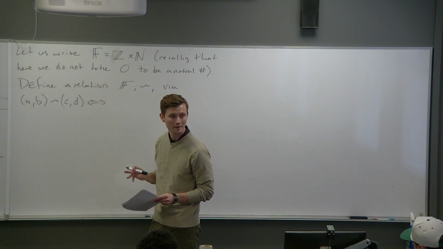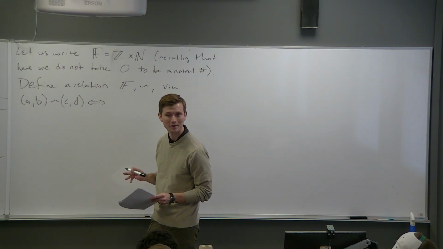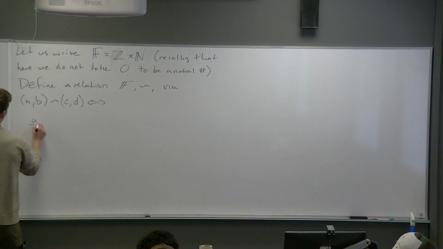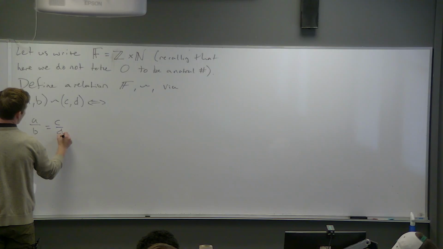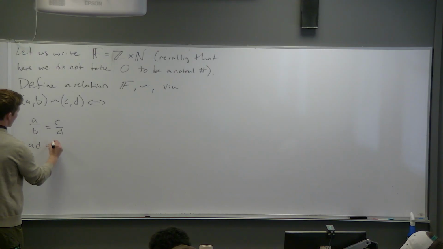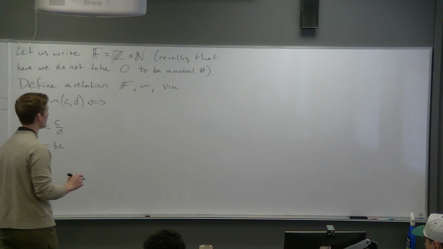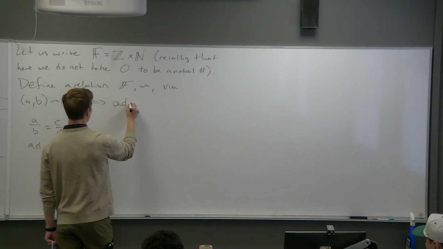How could we do this? That is, when is a over b equal to c over d? Would you agree that it must be ad equals bc? It's a good way to use only the multiplicative structure of the integers and naturals. So let's use that.